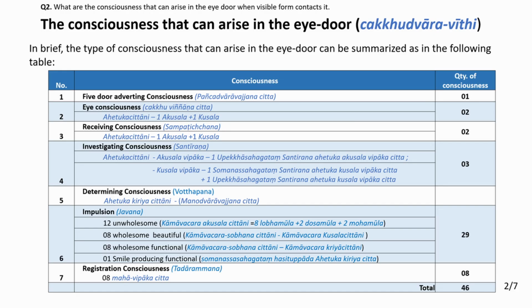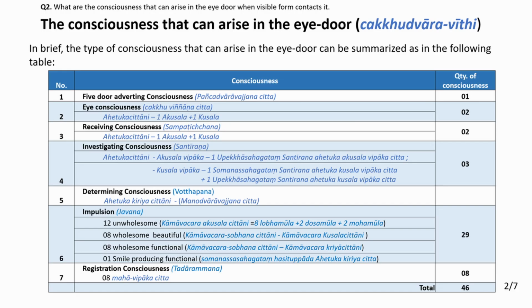Okay, thank you very much for the precious suggestion. Is the Panchadwara Vajjana included or not? Yes, it is part of it. It starts from the Panchadwara Vajjana. The cognitive process actually starts from the Panchadwara onwards. I see.